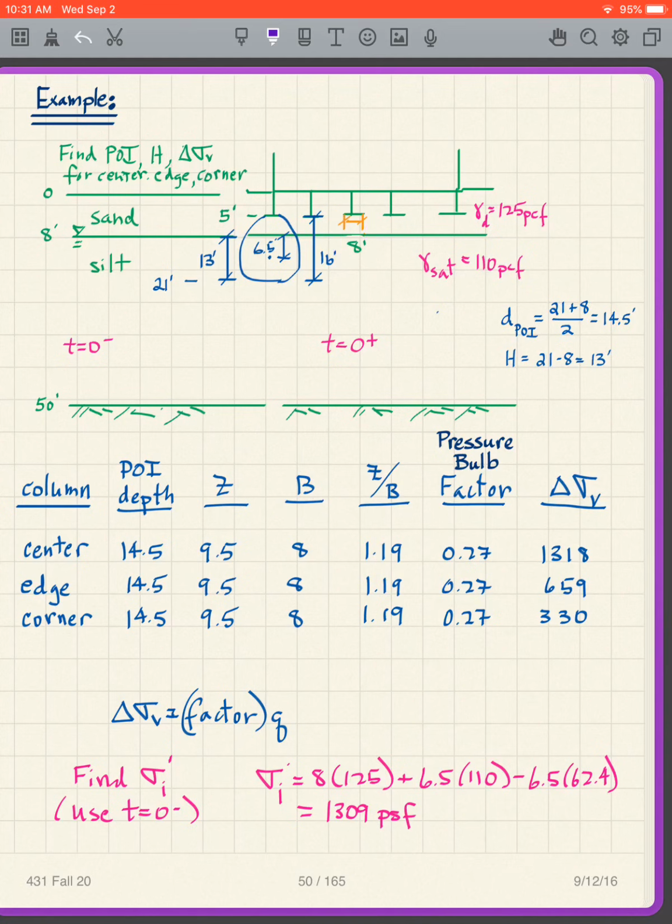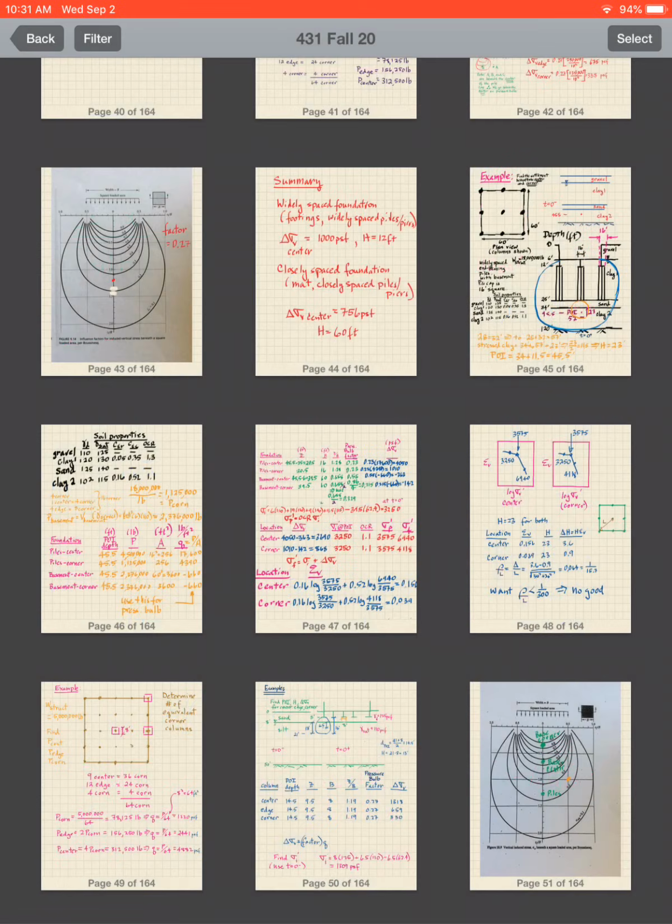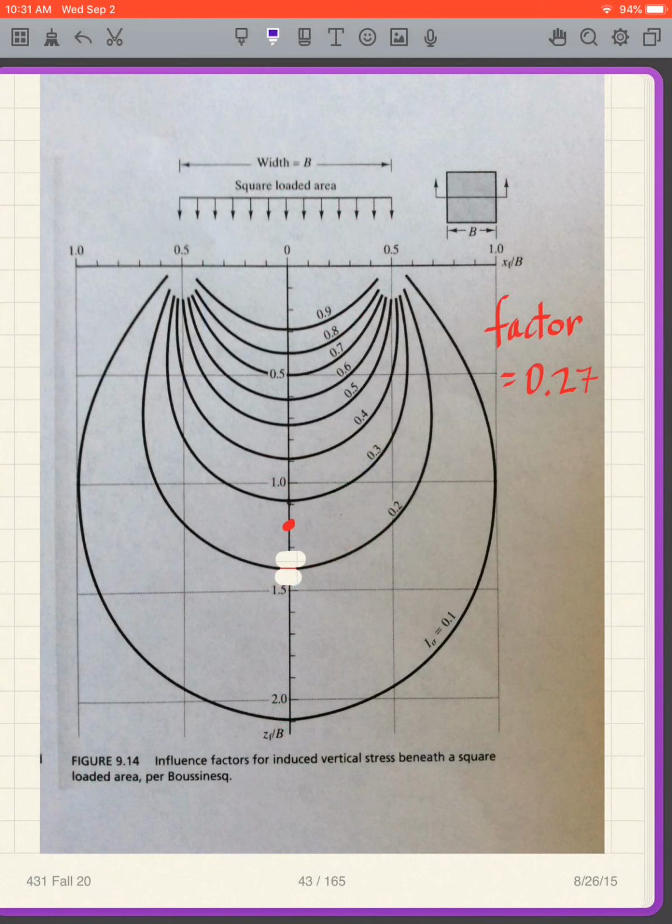And so we just find Z over B. We go in and we get our pressure bulb factor, so 1.19. And we can look over here. So we go down 1.19, right about there. So we get between 0.2 and 0.3.